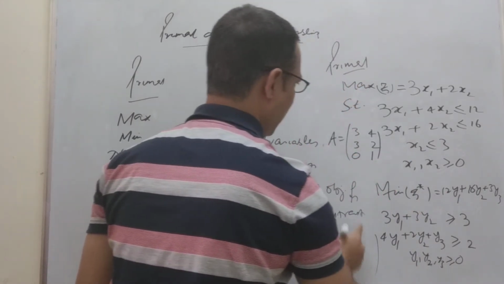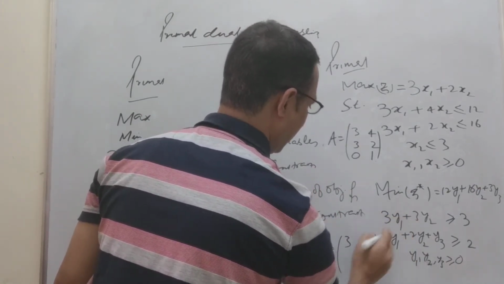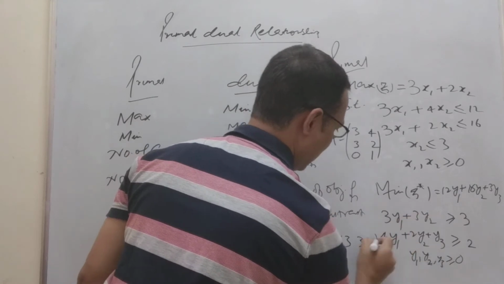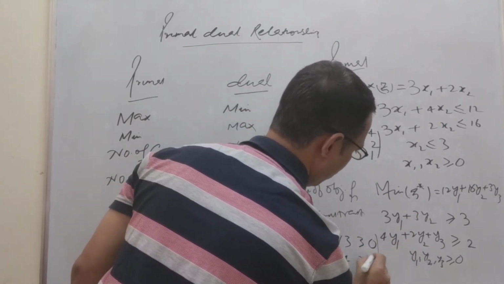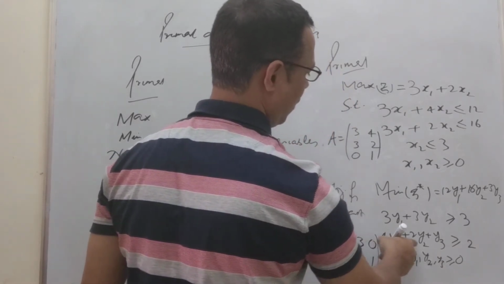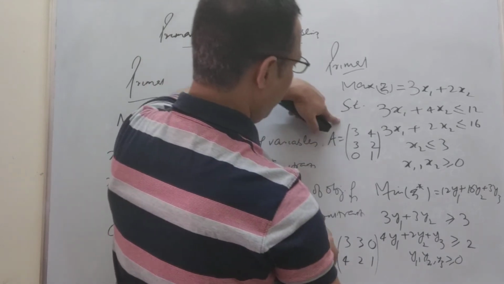Now I am going to write in this form. First 3, 3, and there is no y3, so 0; then 4, 2, 1, with 4 the coefficient of y1, 2 the coefficient of y2, and 1 the coefficient of y3. Now you can compare with this.